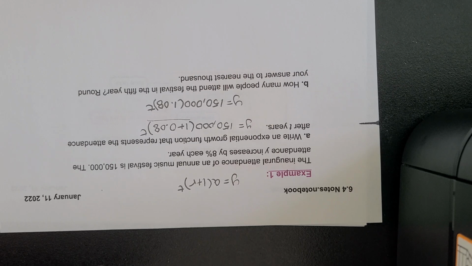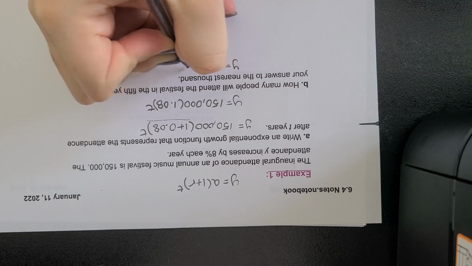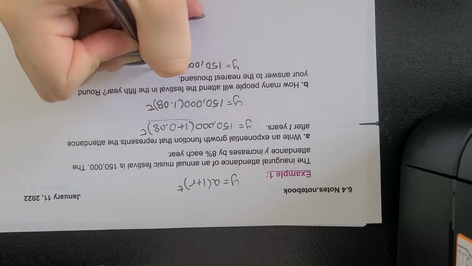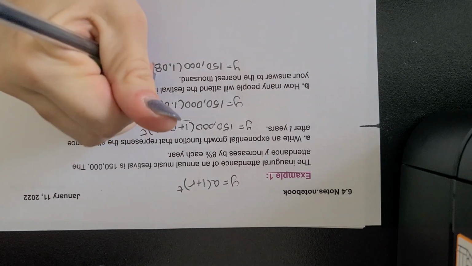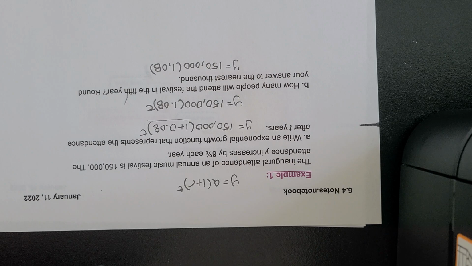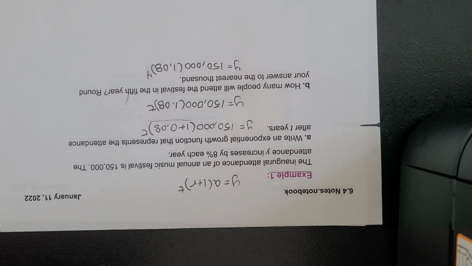And then how many people will attend the festival in the 5th year? And we want to round our answer to the nearest 1,000. So now T is going to be not 5, as many of you would think, but T is actually going to be 4, because 0 is actually going to be the first year, not 1.